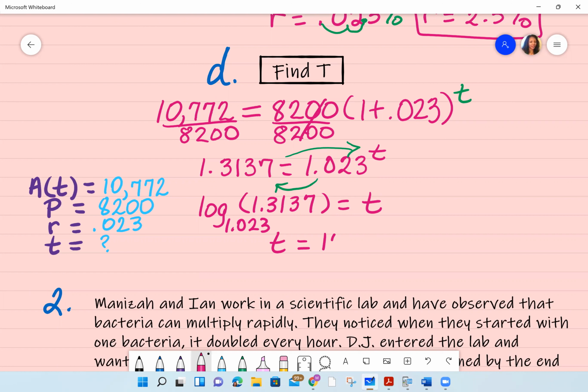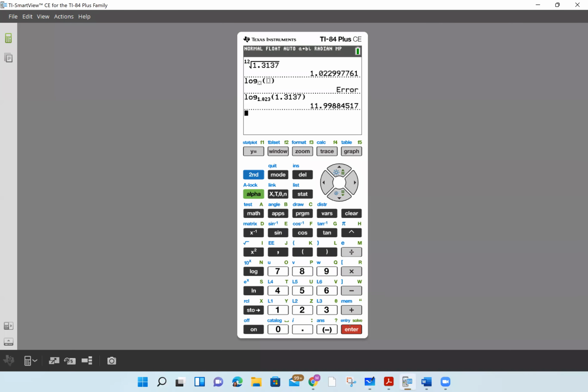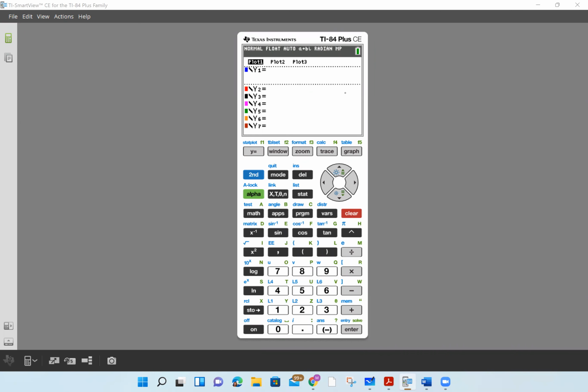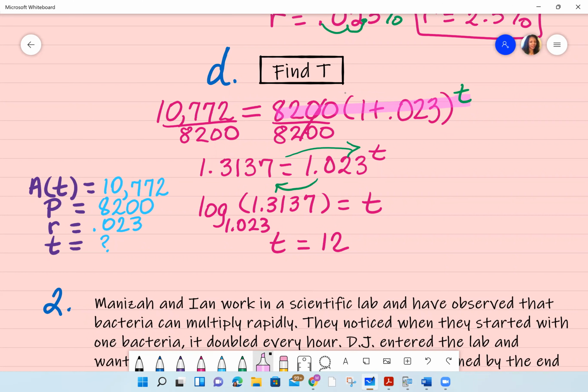So 12. Now, what I was saying a few minutes ago, I could either at this point put this part in my y equals right here. I can go to y equals, clear that out, and put the part that I highlighted, and then go to my table where it says y is 10,772. That would give me 12. Or I could wait until I got to this part, and under my y equals, let's type this in.